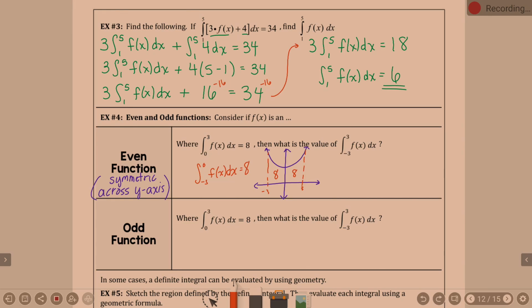In this case, because it's even, you could think of it as being 2 times the integral from 0 to 3 of f of x dx. And so 2 times 8, which was 16. And again, why does this work? Because it's even. Okay?